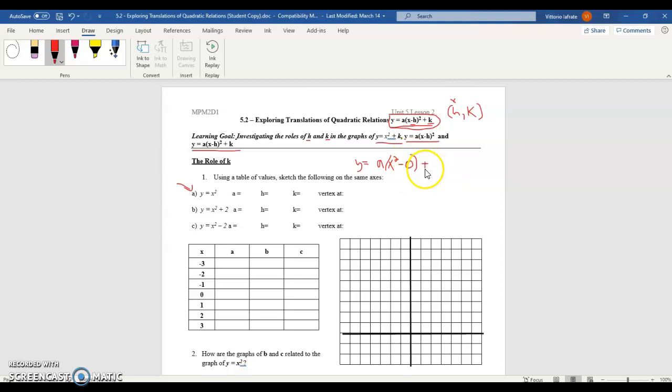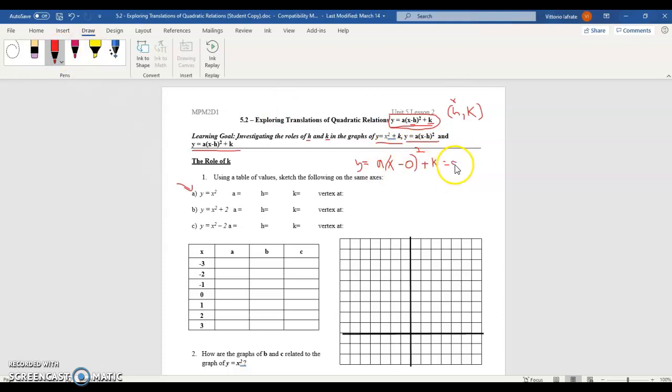So in reality that would be something along these lines: (x − 0)² + k.